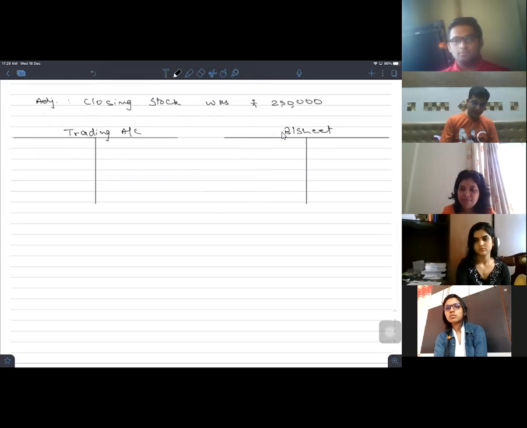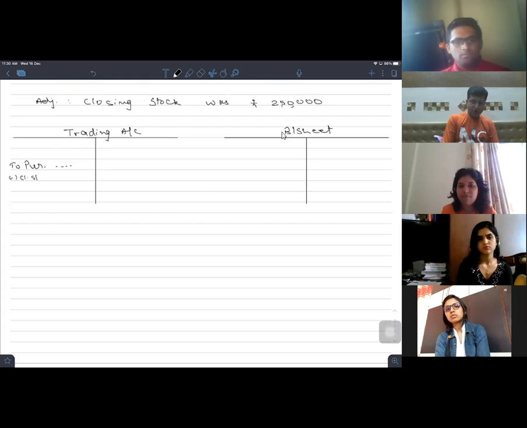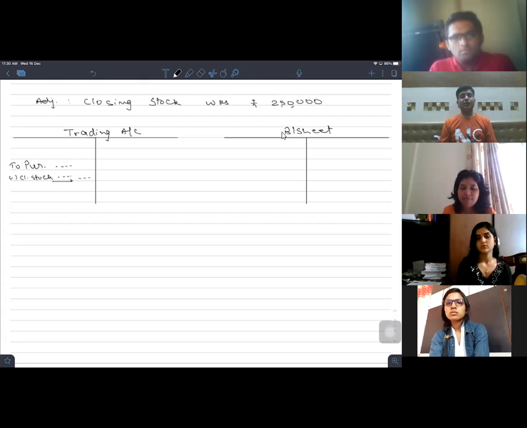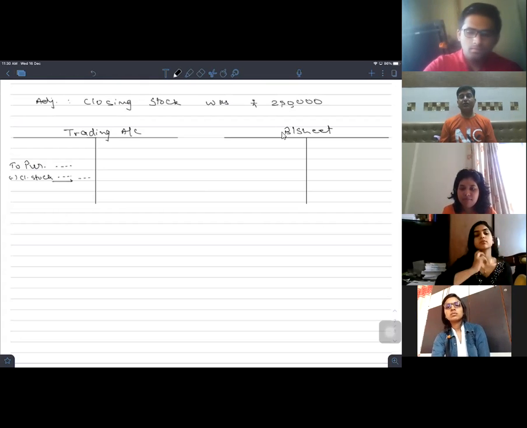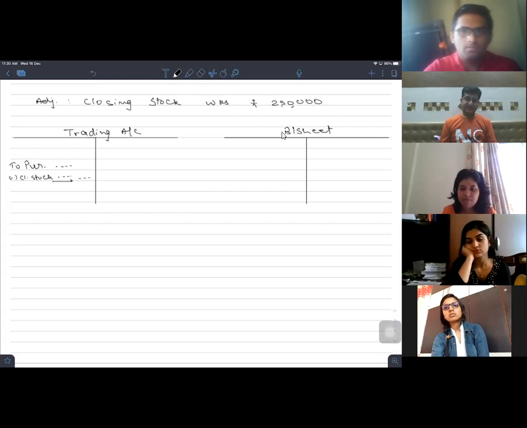So I'll have the option as what, to show purchases in the inner amount column less closing stock and the balance in the outer amount column. These purchases are called adjusted purchases. The net purchases which are shown on the trading account debit side in this case are called adjusted purchases.